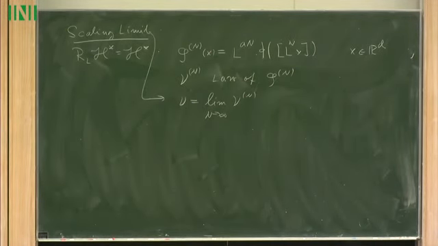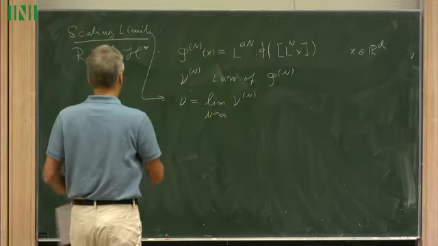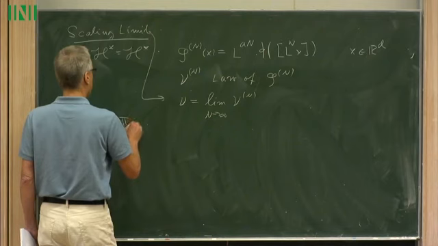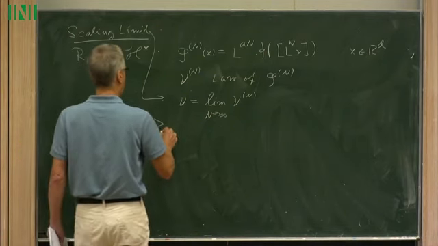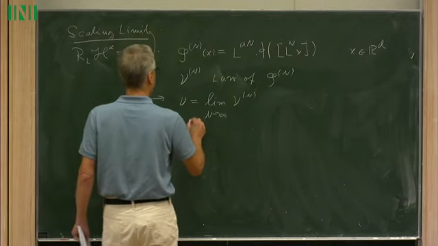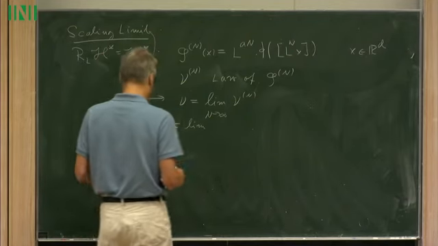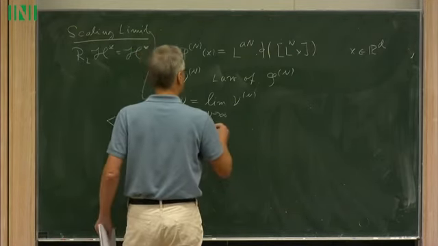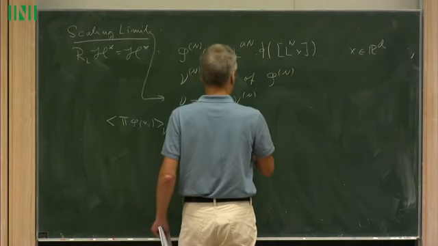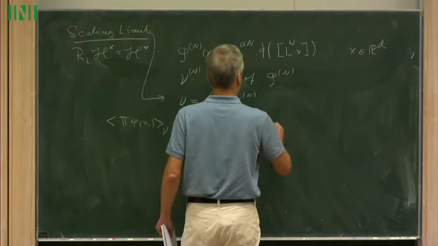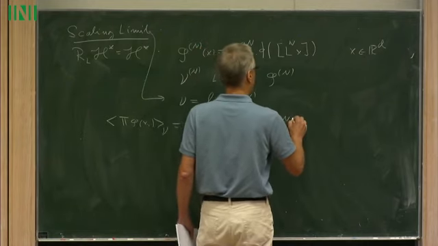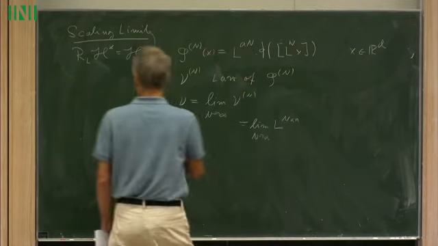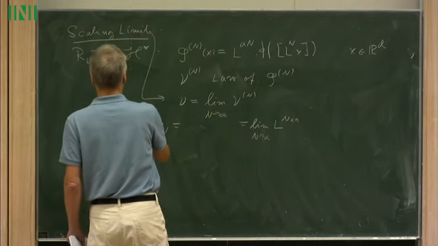Concretely, it tells you that the correlation functions of the scaling limit are given as limits of, n going to infinity, L to the power n a_n, i from 1 to k.